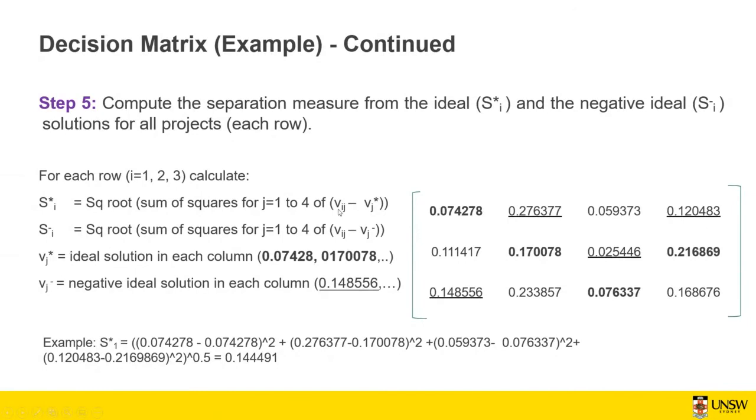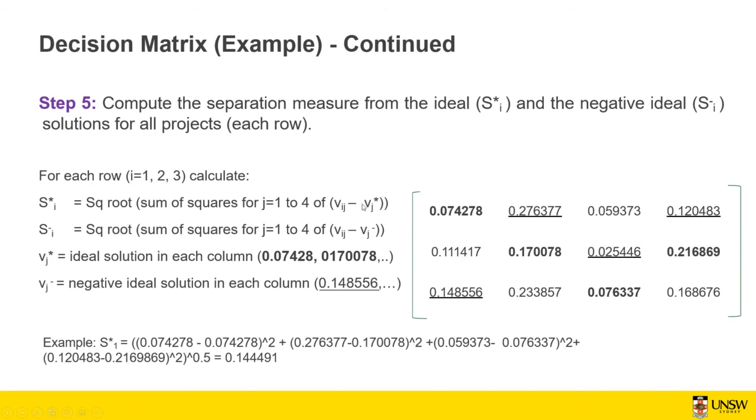Go to the next one. Here Vij is V12, which is this term, 0.27. So 0.27 minus V2 star. V2 star, as you can see, is 0.17. I deducted from 0.17, and I got this square.